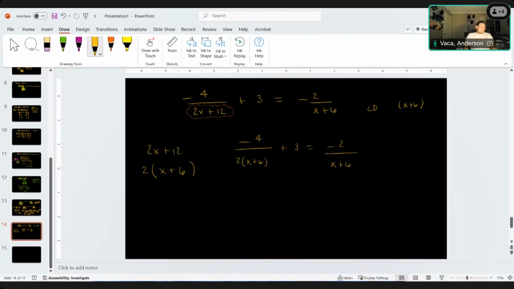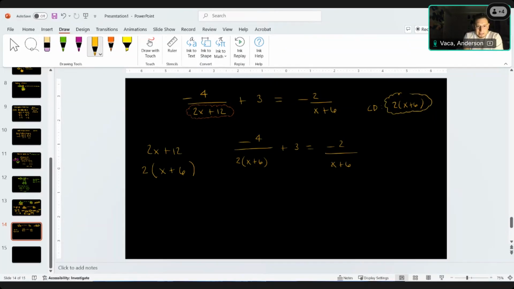But what else is it going to have in addition to the x plus 6? And you're looking at the denominators and you say, well, wait, there is a 2 there. That's right. Let's put that 2 there. This is going to be the magic thing that is going to clear all the fractions.